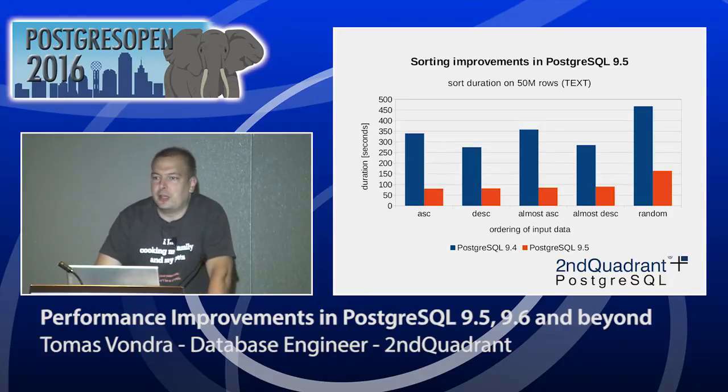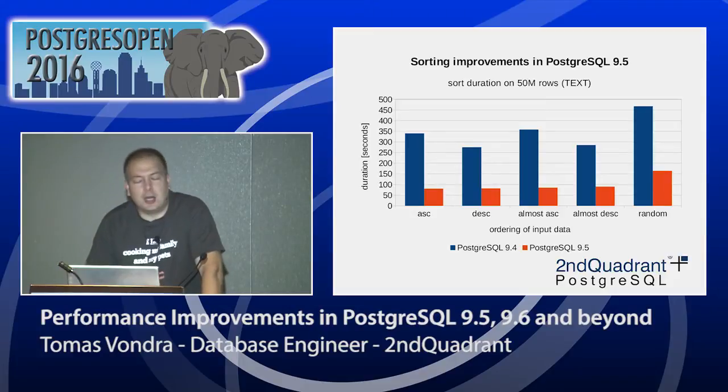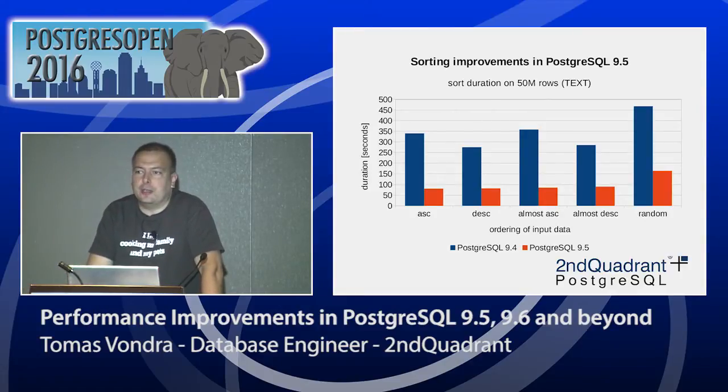The blue bars are 9.4, and the red or orange bars are 9.5. And you can see that there is a quite significant and dramatic improvement, like 4 times faster sort in 9.5.